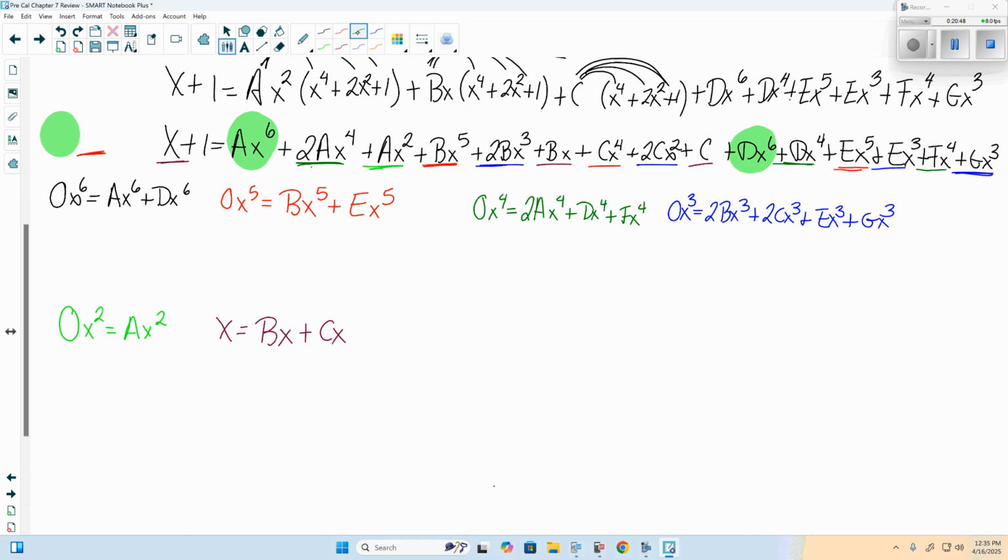And then the 2cx cubed is squared, and the cx cubed is squared. Cx is just c, which is 1.